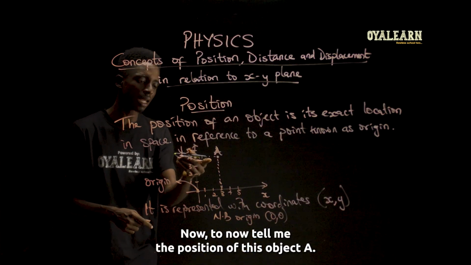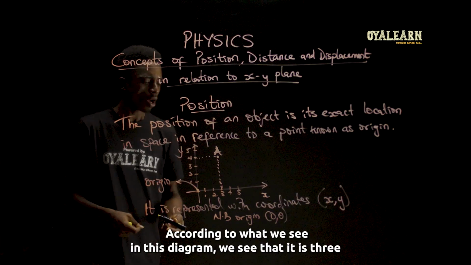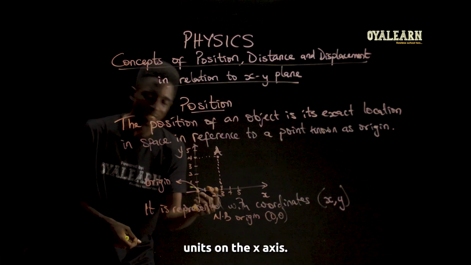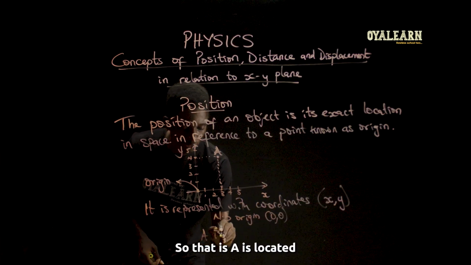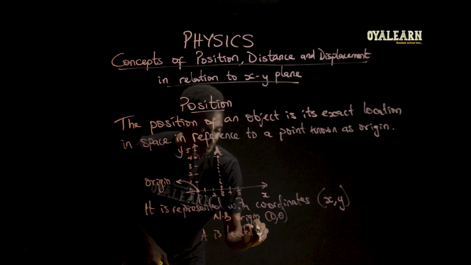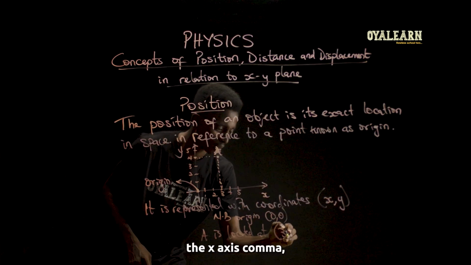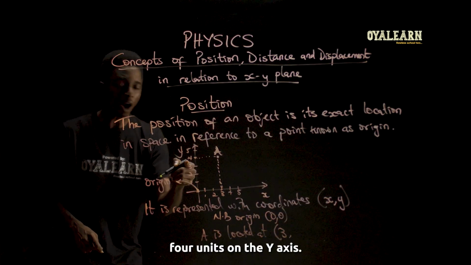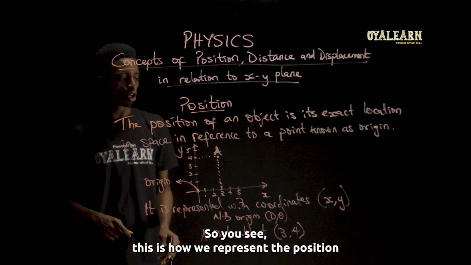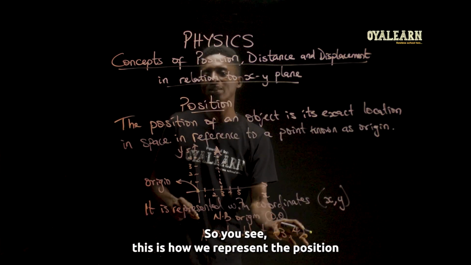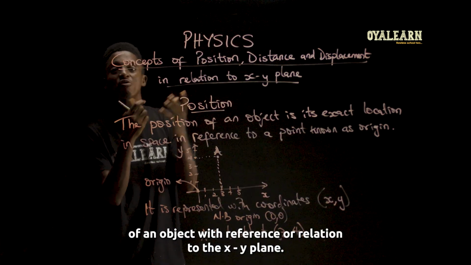Now, to tell the position of this object A, according to what we see in this diagram, it is 3 units on the x-axis and 4 units on the y-axis. So this is how we represent the position of an object in relation to the xy plane.